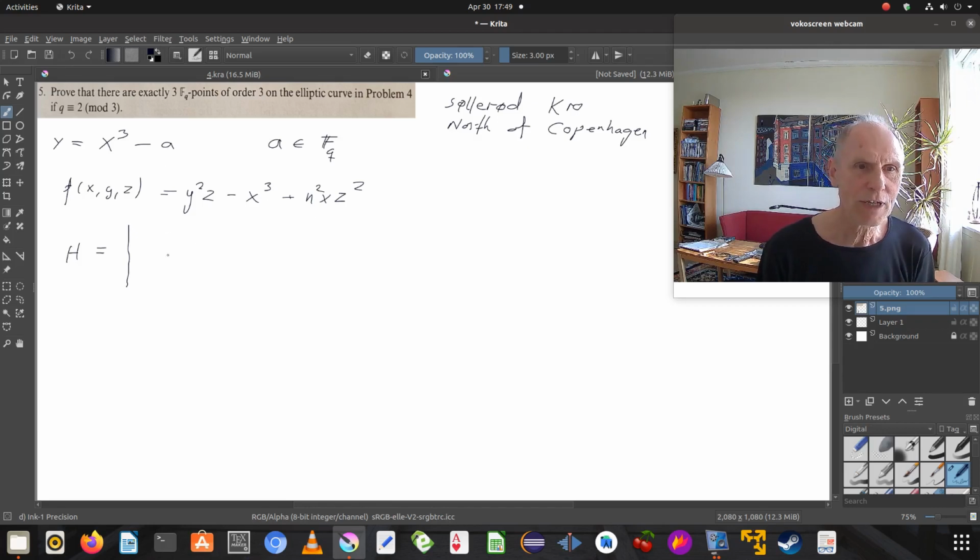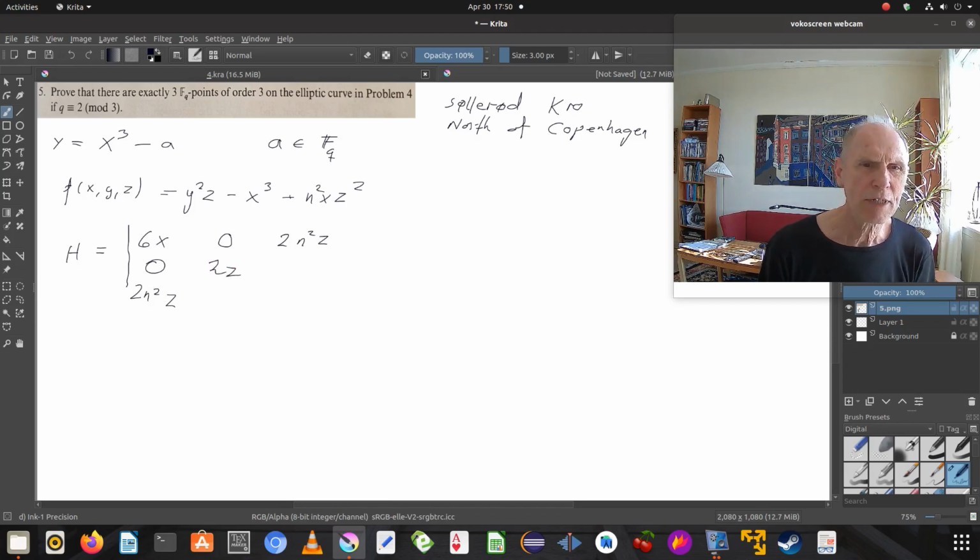So we differentiate twice with respect to x. Only x to the third survives. Once with respect to x, then with respect to y. Once with respect to x, n squared, z squared, then with respect to z. Twice with respect to y.